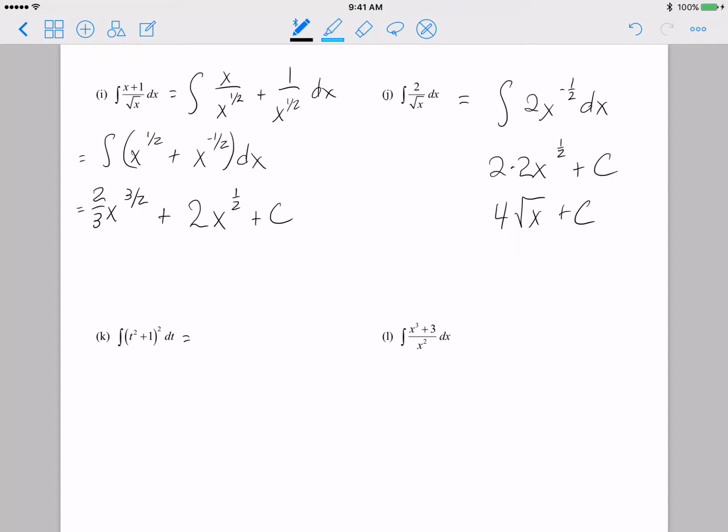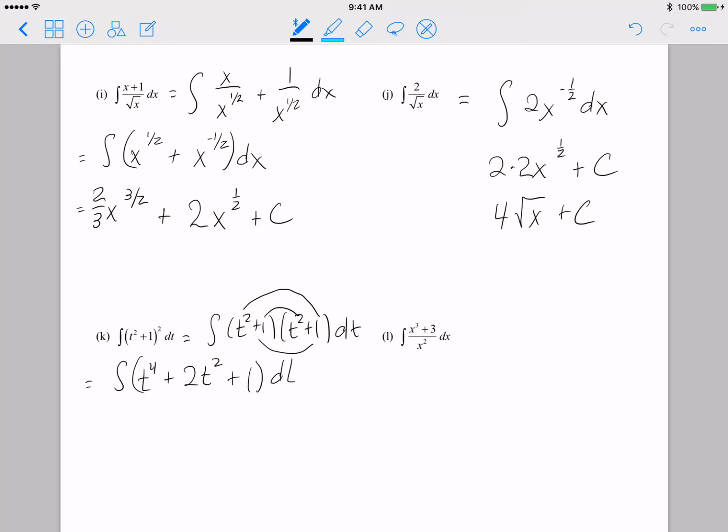What we have to do in this case is go ahead and square out the t squared plus 1. Okay, so if we think about this as being t squared plus 1 multiplied by t squared plus 1 dt, then that means that this is going to equal the integral of t to the 4th plus, we have 1t squared here and another t squared there, so that's a total of 2t squared, and then 1 times 1 is going to give me 1.